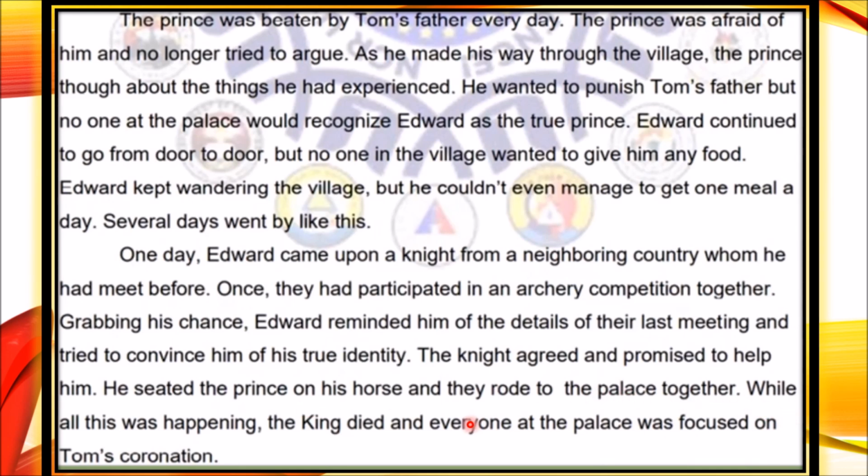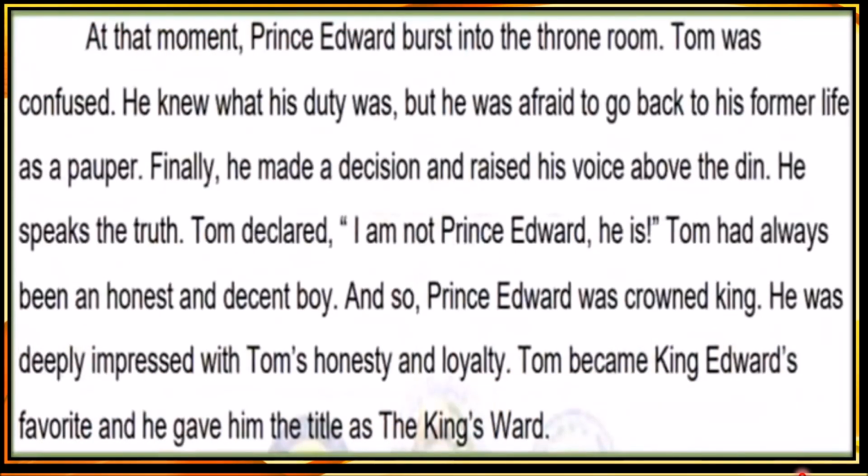While all this was happening, the king died, and everyone at the palace was focused on Tom's coronation. At that moment, Prince Edward burst into the throne room. Tom was confused. He knew what his duty was, but he was afraid to go back to his former life as a pauper.